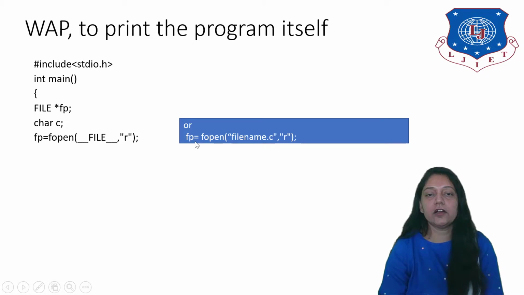Or else you can write in our normal approach also, fp is equal to fopen, the name of that .c file, in read mode. Either you use the file name .c or you simply use __FILE__. This is a constant which has already been declared in stdio.h. It means that we are going to read the current file where we are writing this particular program.